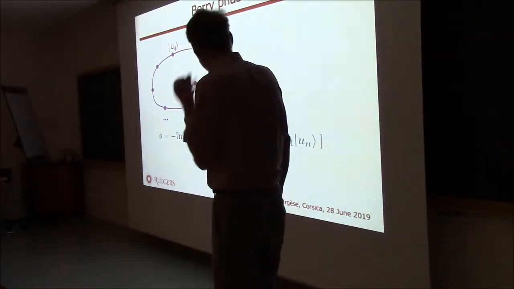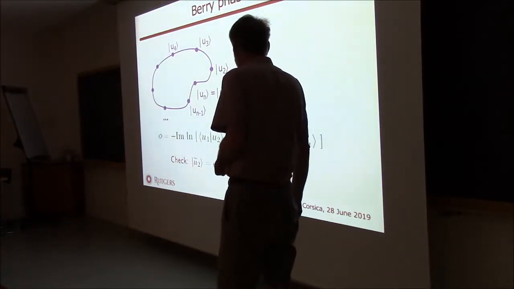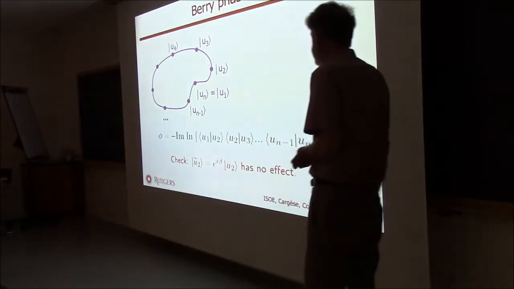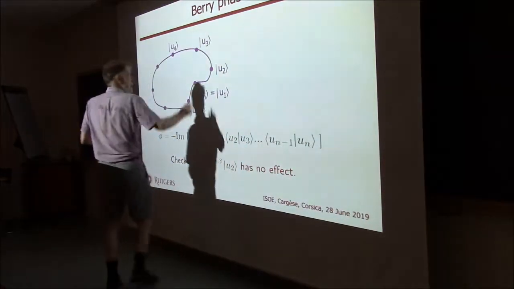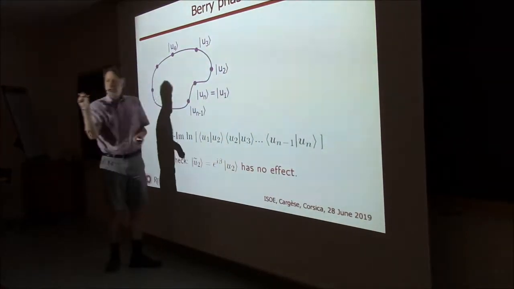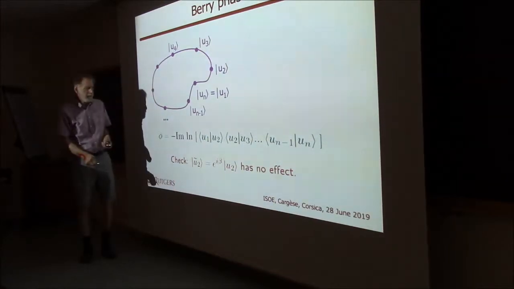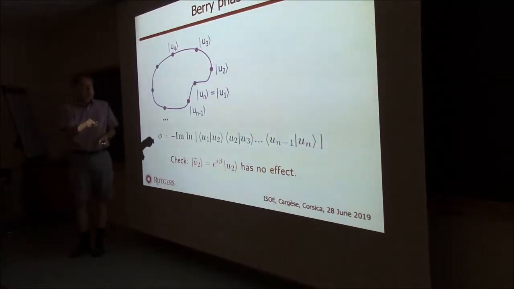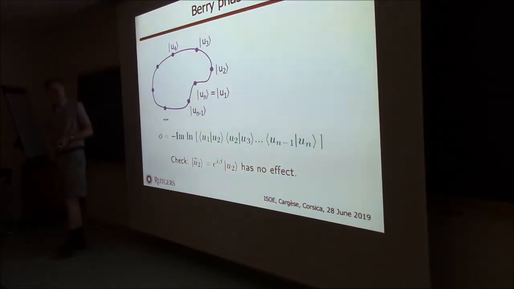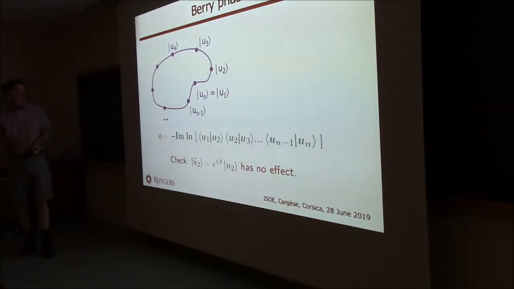Now, as I told you last time, there's a kind of gauge freedom, and here the gauge freedom is easier to discuss because you just have a discrete model. So suppose I take this wave function and I change its phase by some phase beta. Beta might be pi over 7, right? So I change the phase of this wave function. That shouldn't affect any physical result. And does it affect this phi?